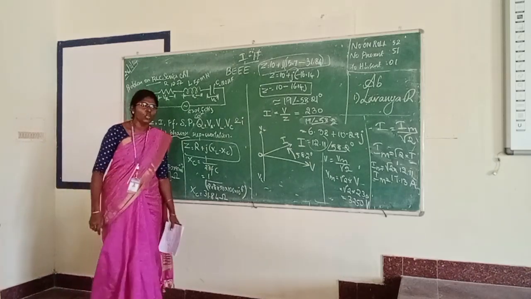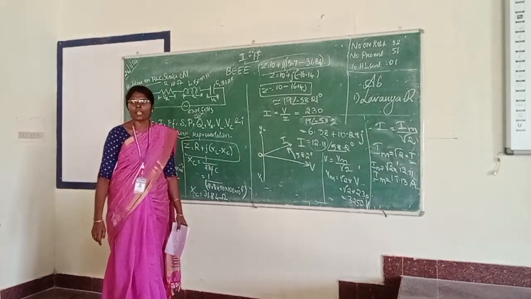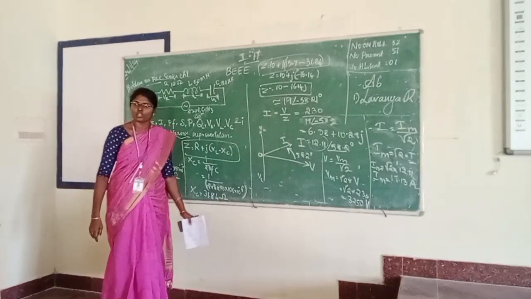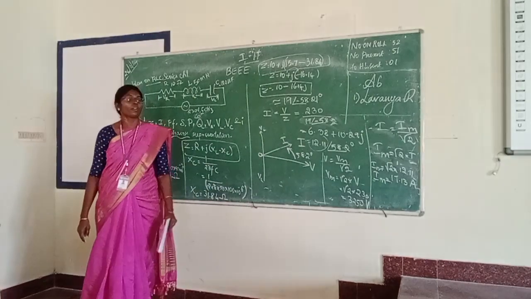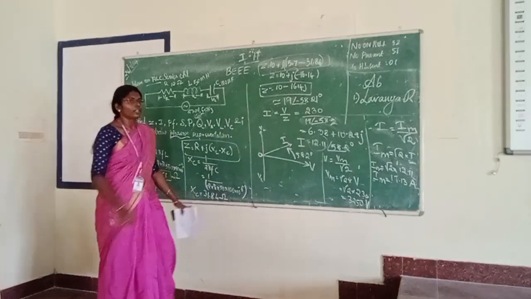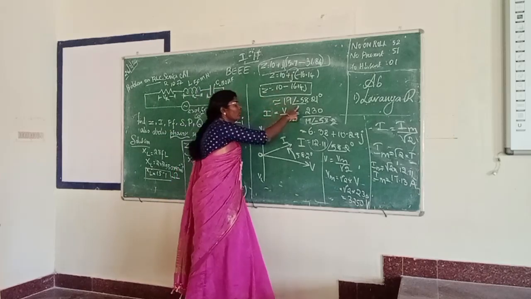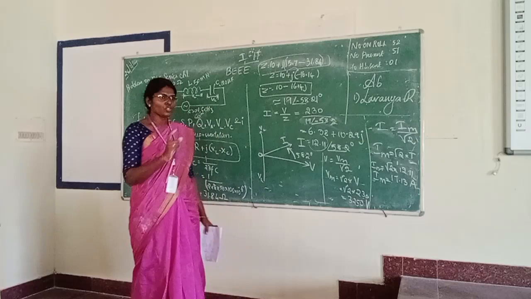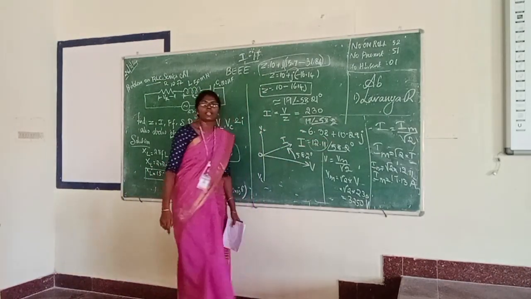Next, you have to find the current I. The formula is I = V by Z. We have already calculated Z, and we know V from the question, so if we substitute both we can find the current. The value of Z is in complex mode, so we have to convert it into polar mode. In the same way we do it for the current also.